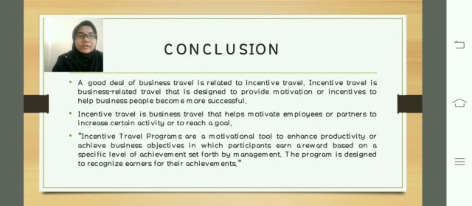For conclusion, a good deal of business travel is related to incentive travel. Incentive travel is business-related travel that is designed to provide motivation or incentive to help business people become more successful.